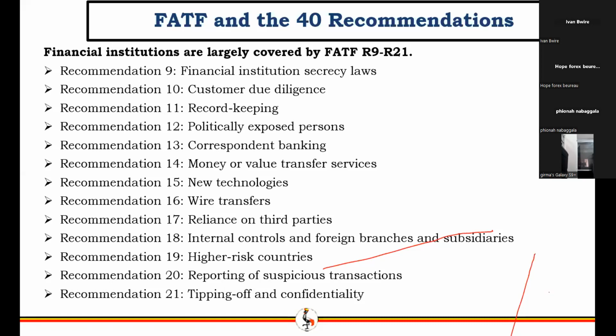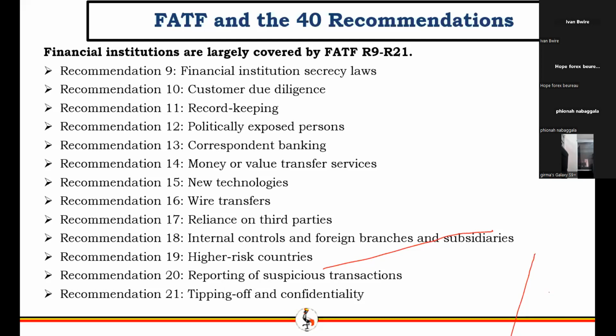In the event that you have other financial institutions outside the country with whom you have correspondent relationships, how do you deal with them? What customer due diligence do you do on those institutions before forming that business relationship with them? Do you get the AML policy for those entities? Do you satisfy yourself that these entities have adequate internal controls in place?